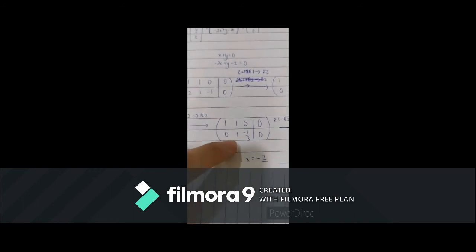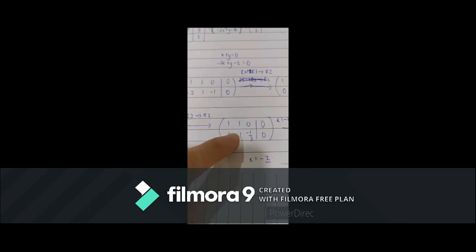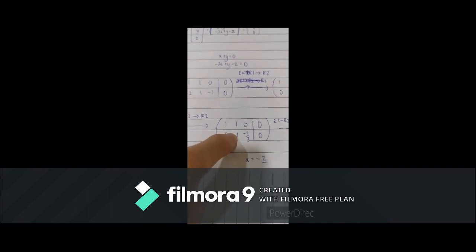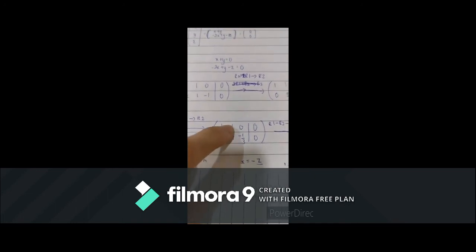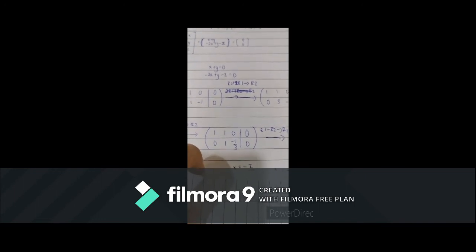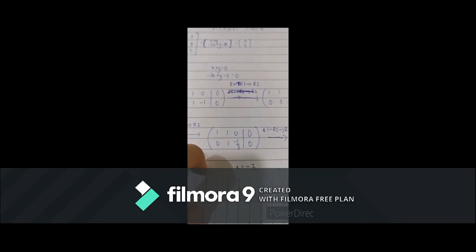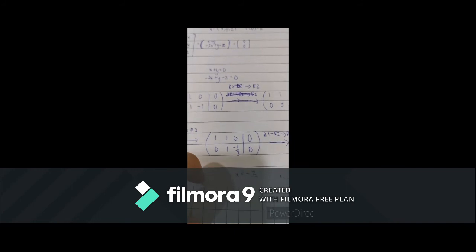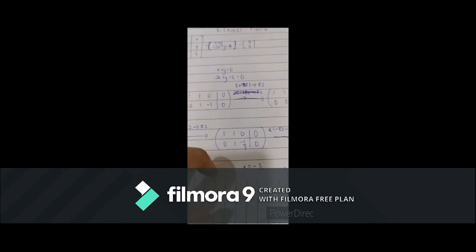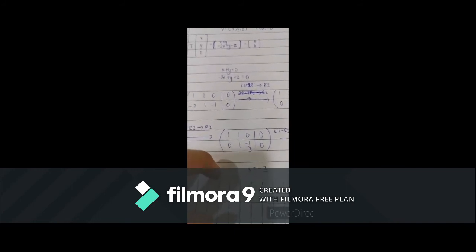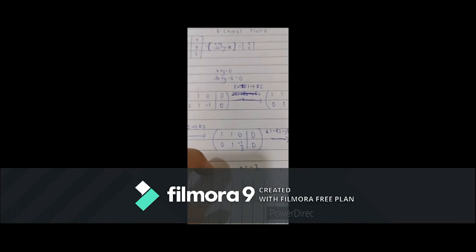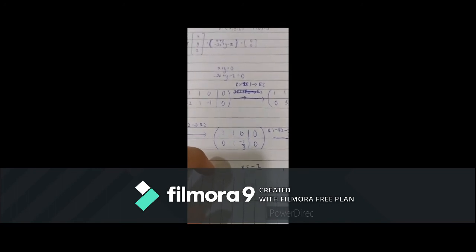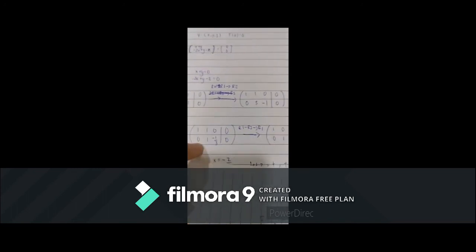But the thing is, the number above this 1 must be 0. That's the other condition of reduced row echelon form. So what we can do is row 1 minus row 2 and replace it in row 1.